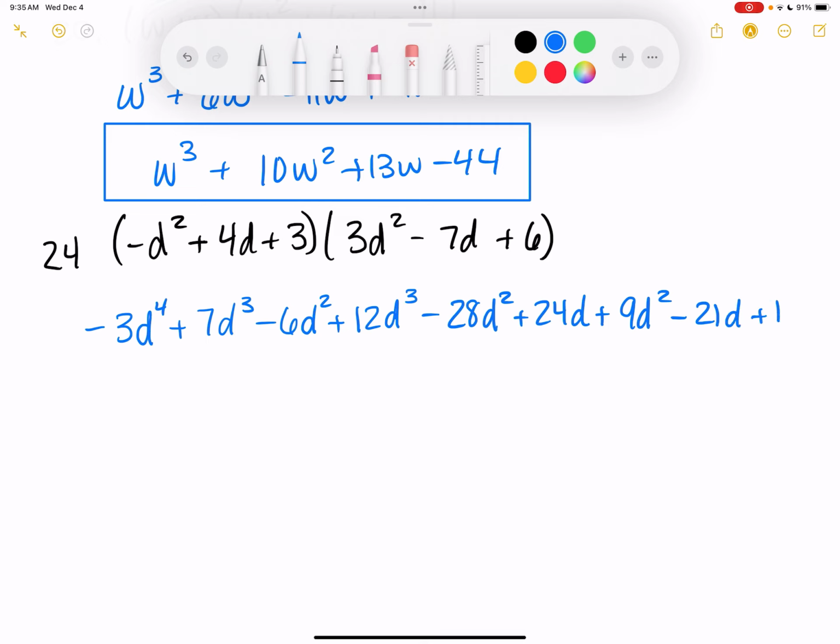Now you have to combine like terms. You've got to really make sure you pay attention and get them all, because obviously there's a lot happening here. So I get negative 3d to the fourth. Then the cube terms, I only have 2 of them, so 7 and 12, that makes 19, so 19d cubed.